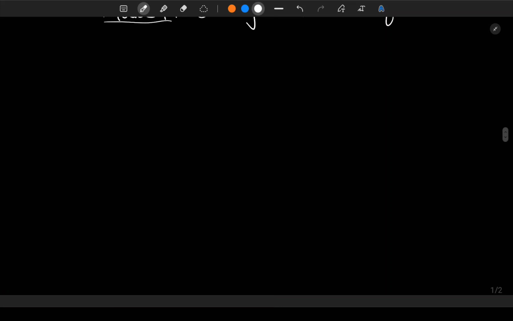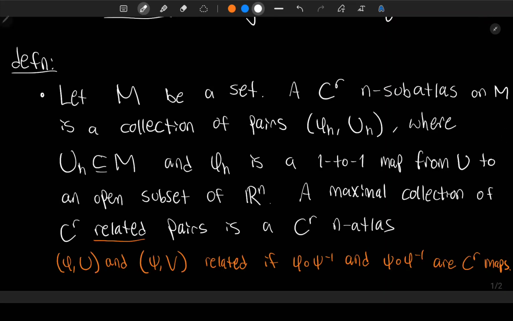So to start, we want to define a manifold, and in order to do that, we have to build up some structure. So, defining an atlas, we begin as follows. Let M be a set.